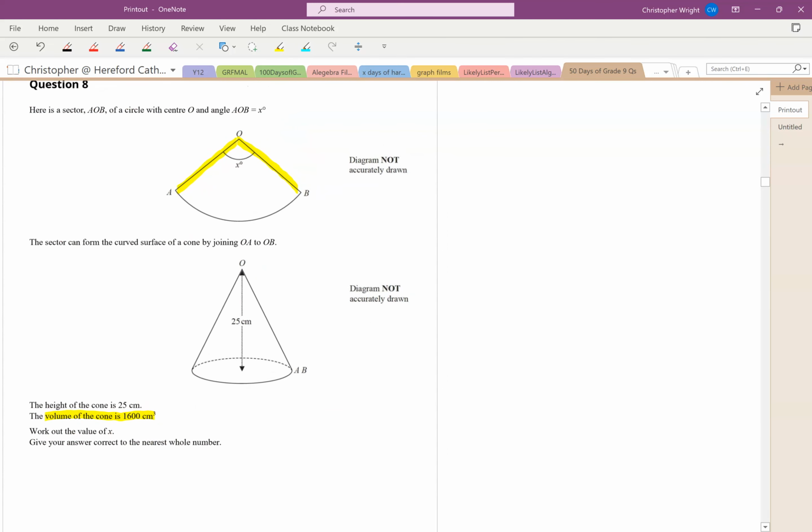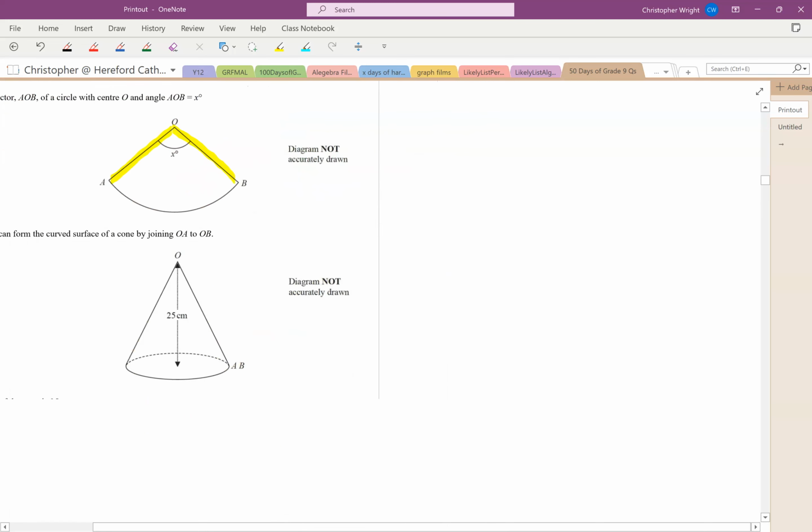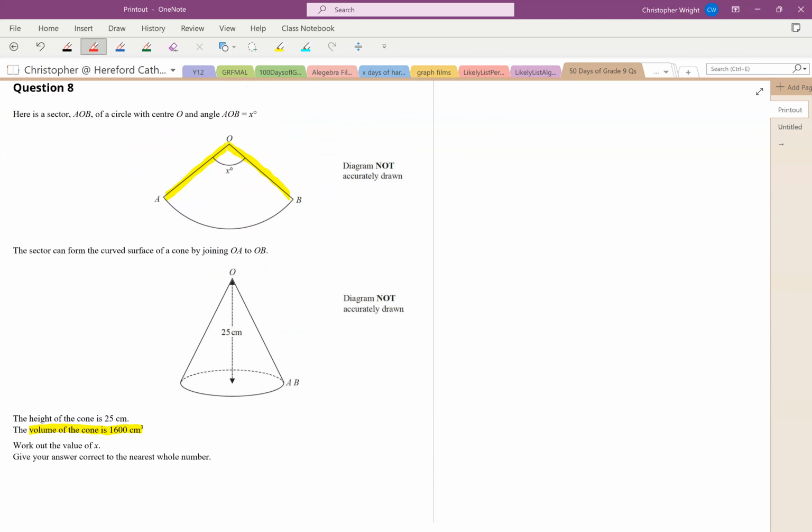Let's start by using the fact we've been given about the volume of the cone. The volume is 1600 cubic centimetres, and the formula for the volume of a cone is a third pi r squared h, and I know that h is 25. So I have this equation to solve for r.